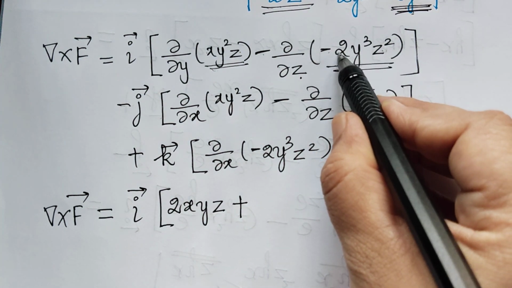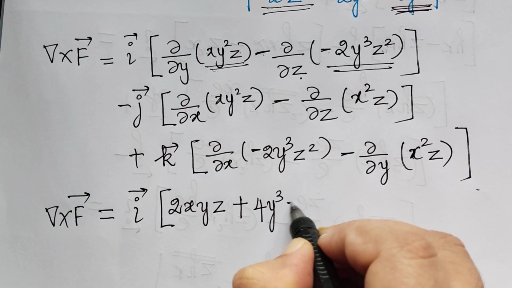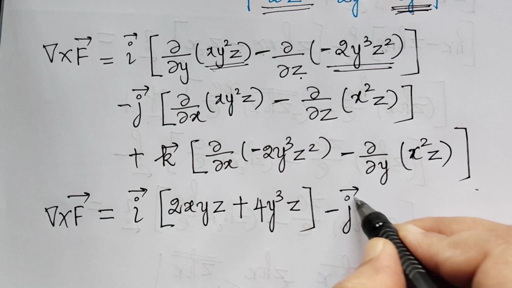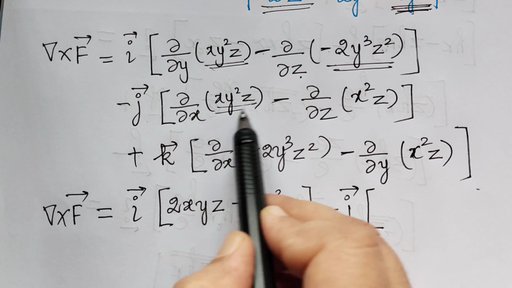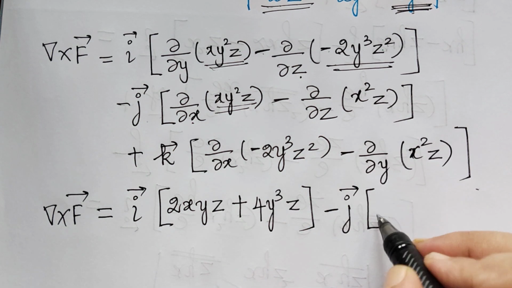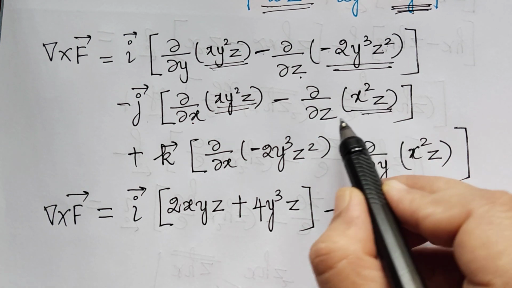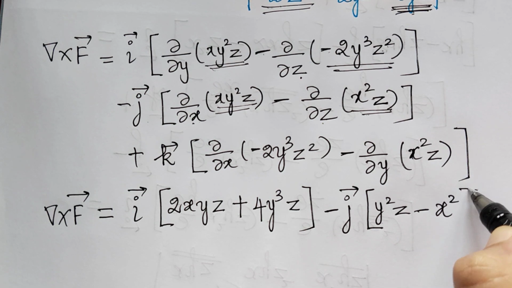So already we have a 2 over here. 2 times 2 is 4. So 4 y cube z. And then minus j vector multiplied with partial differentiation of this with respect to x. The differentiation of x is 1. So y square z minus partial differentiation of this with respect to z. The differentiation of z is 1. So we will be getting x square.